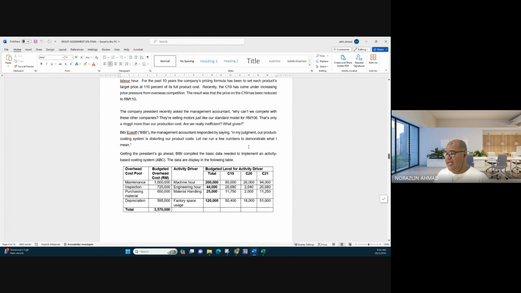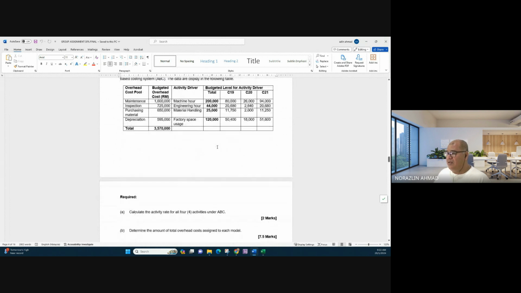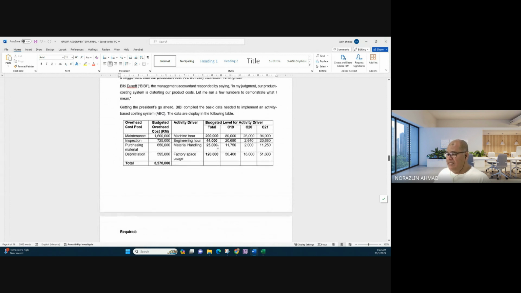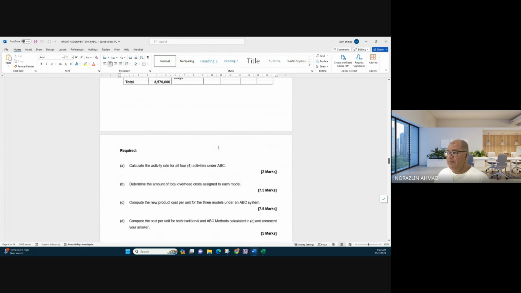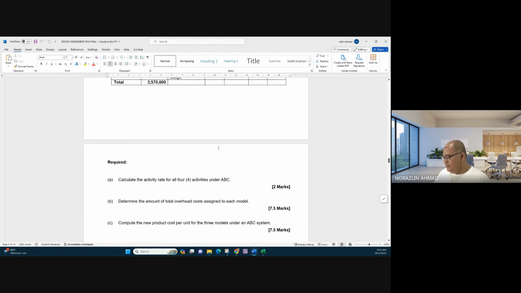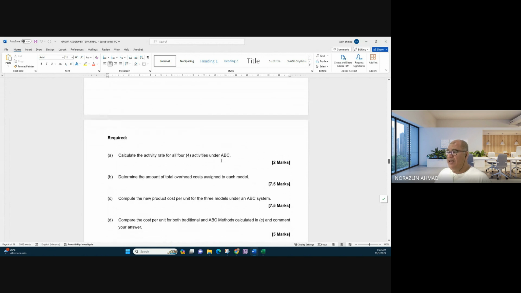Getting the president's go-ahead, the accountant compiled the basic data needed to implement an activity-based costing system. The data are displayed in the following table. This is the data for ABC. Okay, this is the question. Question number 1. Calculate the activity rate for all 4 activities under ABC, and I'm sure that you already have the question.